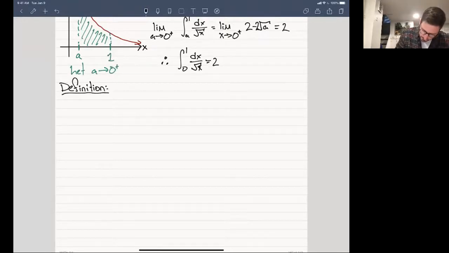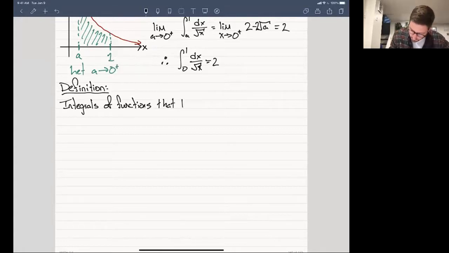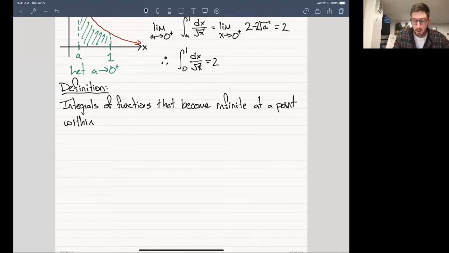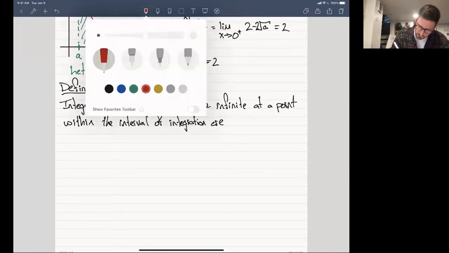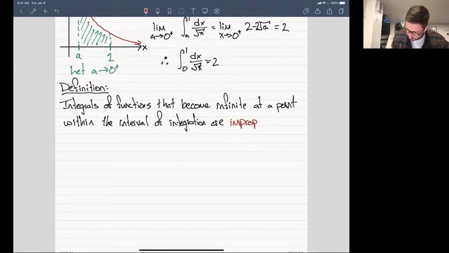And this definition says integrals of functions that become infinite at a point within the interval of integration are, now we'll put this in red for emphasis, improper integrals of type 2.